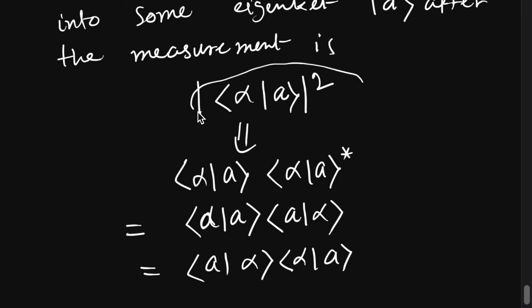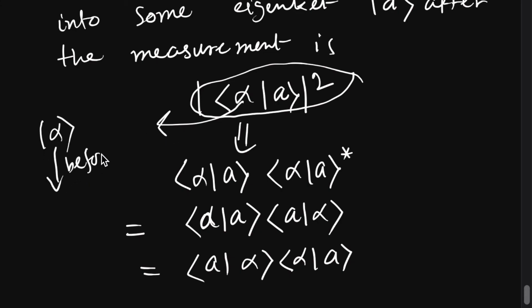That is the probability that a system which is in state alpha before the measurement will go into eigenstate |a> after the measurement.